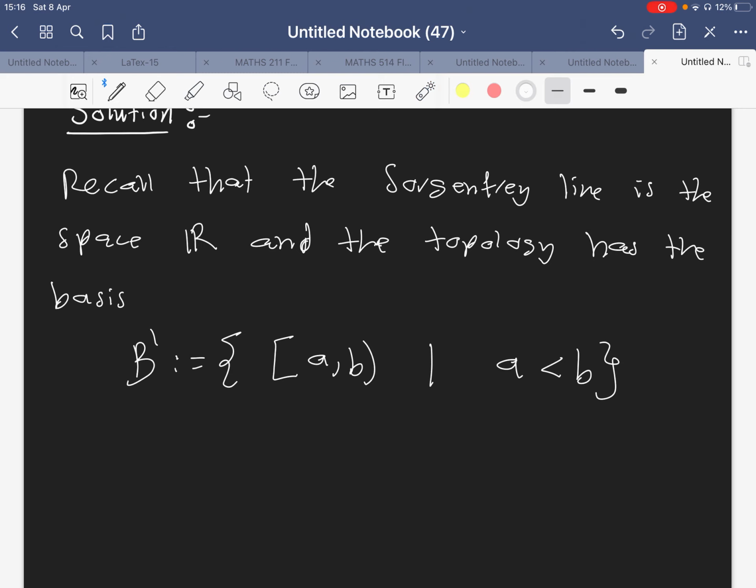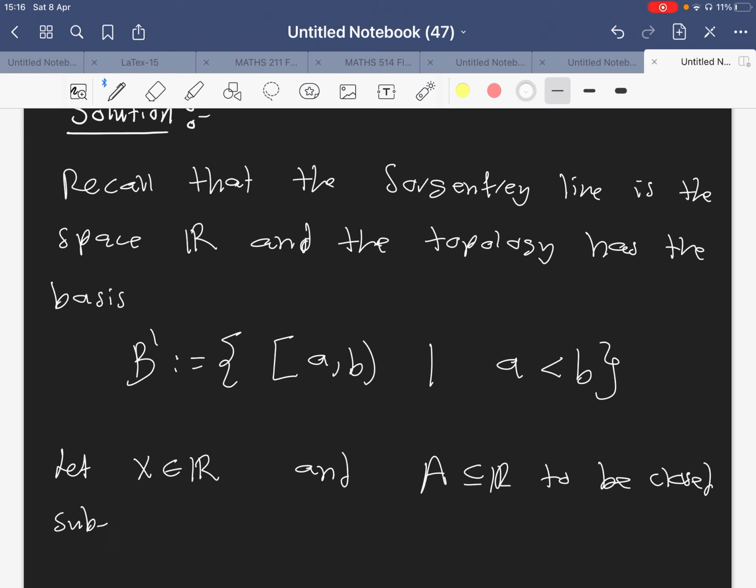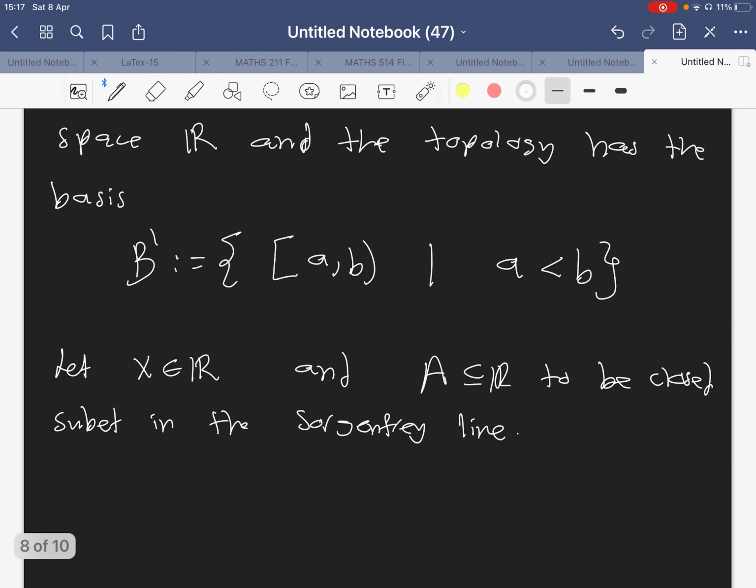And for that, we'll do the same thing as before. Let X be a point in the real numbers, and let's take A to be a closed subset in the Sorgenfrey line. Sometimes it's good practice to draw a picture.